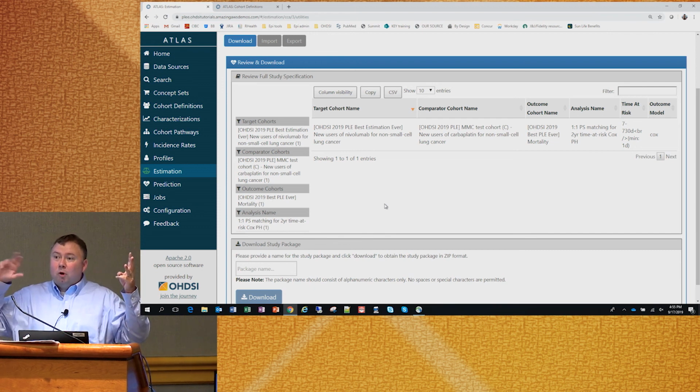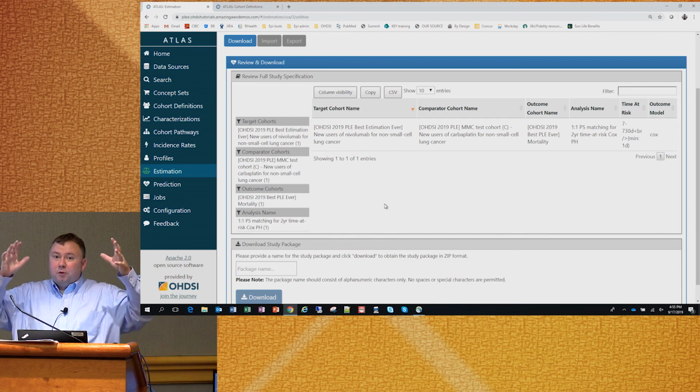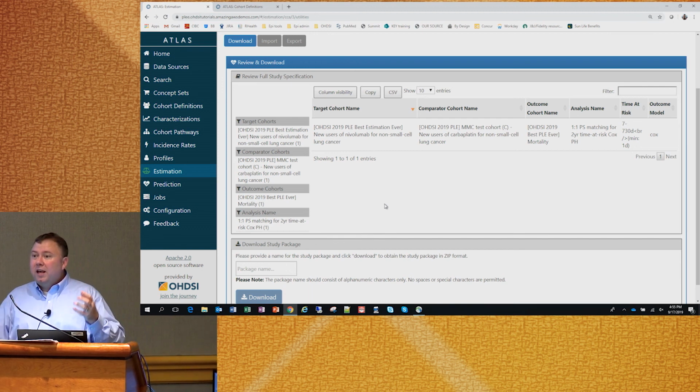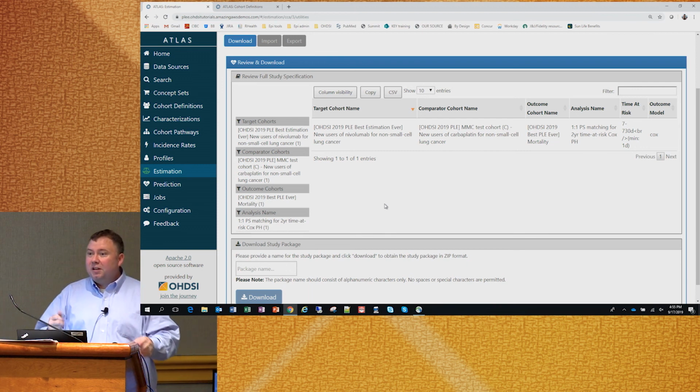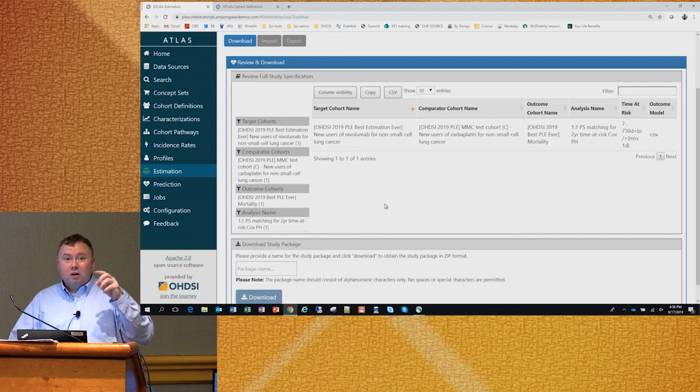You might want to make multiple analysis decisions. And through that one interface, you can create all of those combinations, and your one study could actually be a compilation of a series of analyses. In this case, we've just chosen to do 1, but deliberately we think it's a best practice to think about systematically exploring sensitivity analysis as part of that, and the tool facilitates that process.